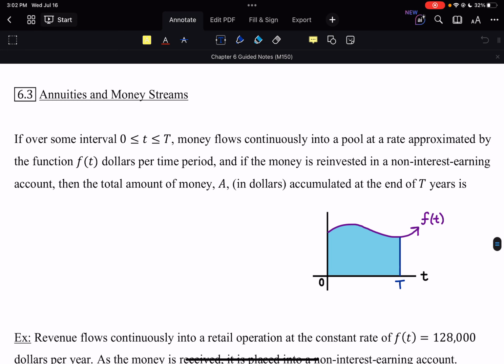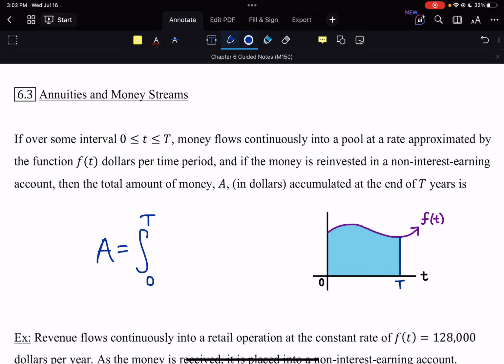If over some interval with t going from 0 to capital T, money flows continuously into a pool at a rate approximated by the function f of t in dollars per time period, and if the money is reinvested in a non-interest earning account, then the total amount of money A in dollars accumulated at the end of T years is calculated by taking the integral from 0 to capital T of f of t dt.